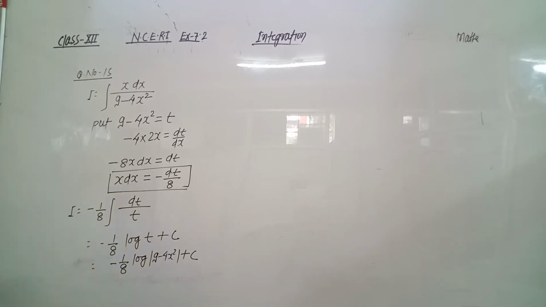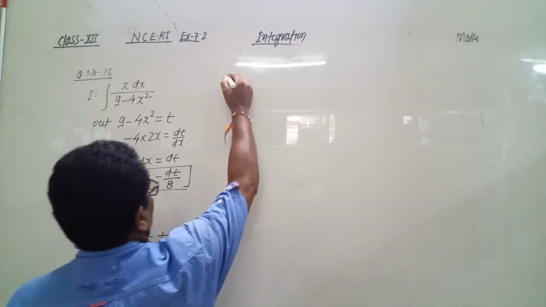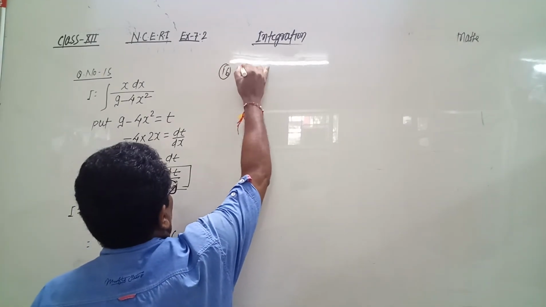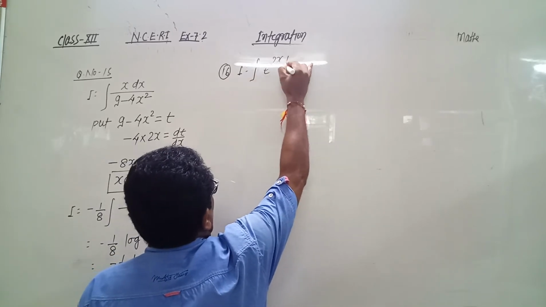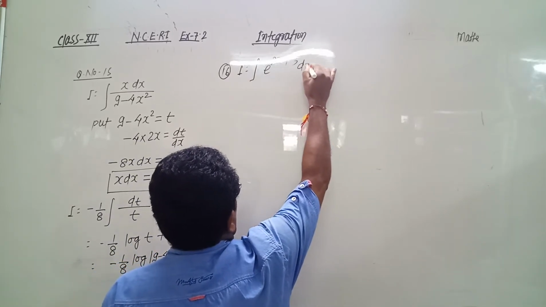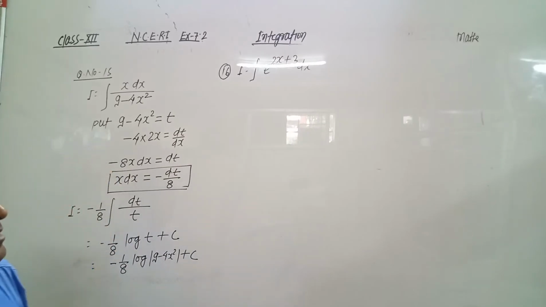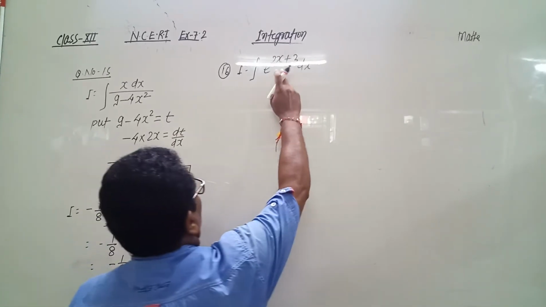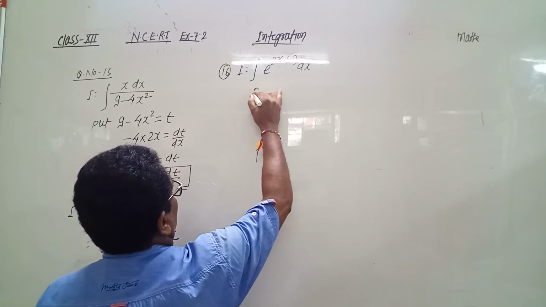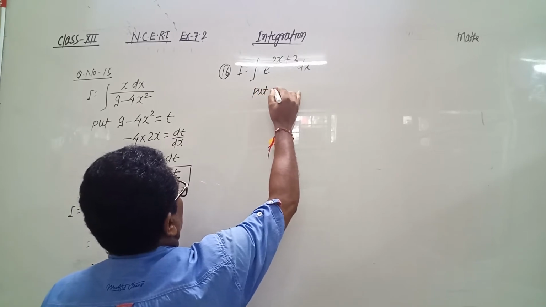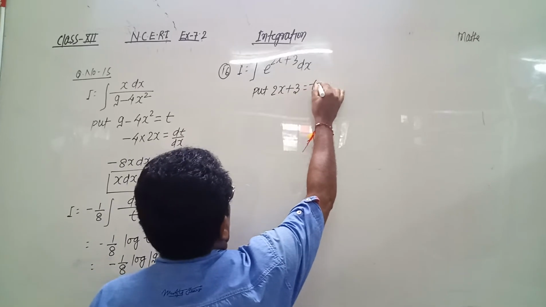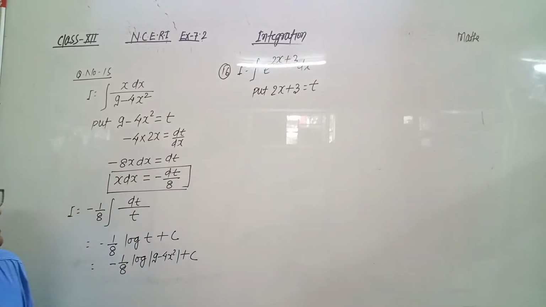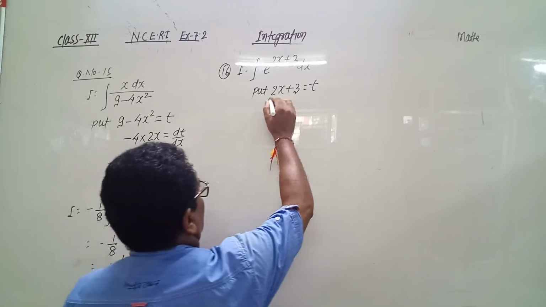Now the next question, question number 16. I equals integration e raised to the power 2x plus 3 dx. So we put 2x plus 3 equals t and differentiate with respect to x.